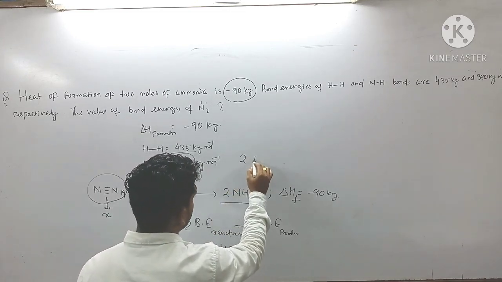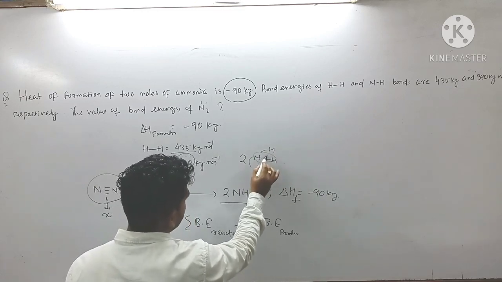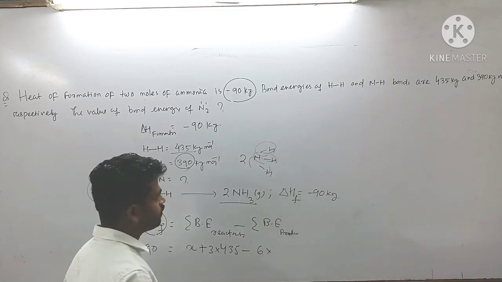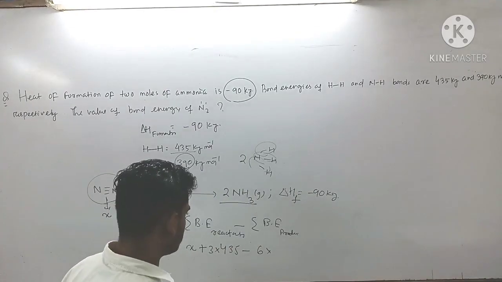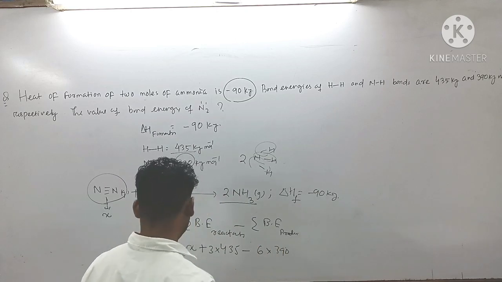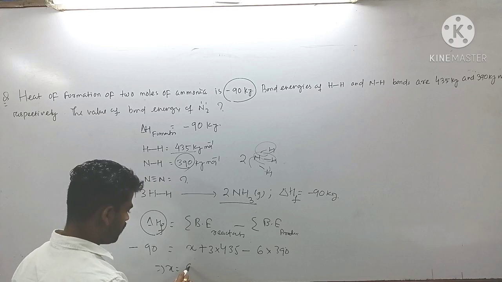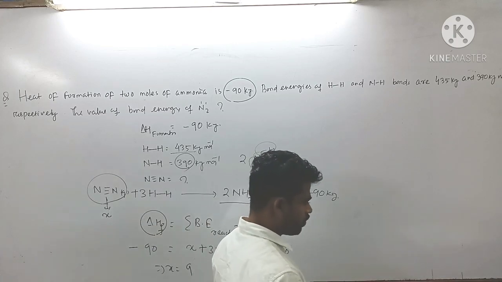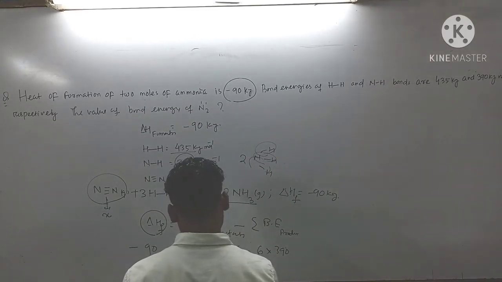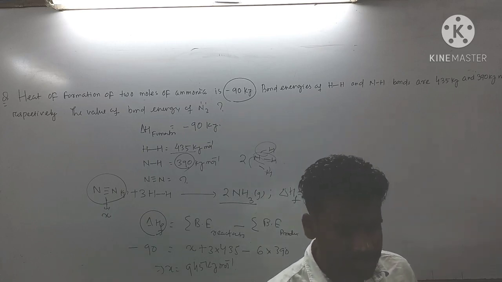So how many NH bonds are there? In 1 mole 3, for 2 moles 6, so that will be 6 into 390. So you just solve it and find out the value of X. So value of X will be 945 kilojoule per mole. This is the bond dissociation enthalpy or bond energy of dinitrogen.